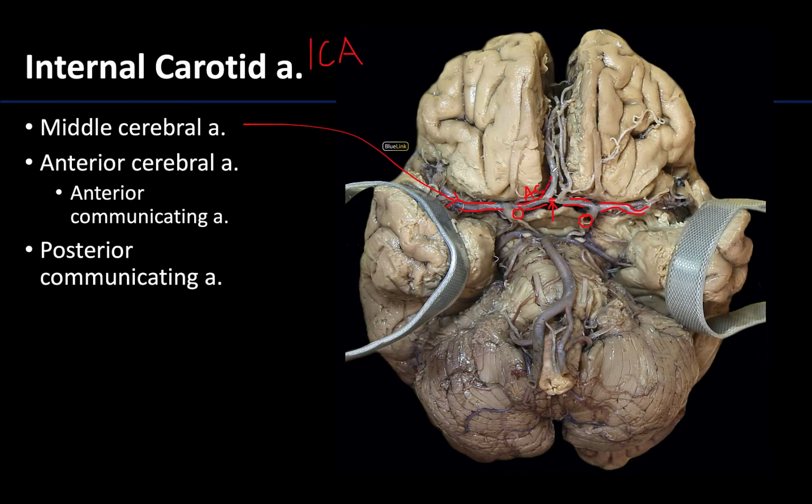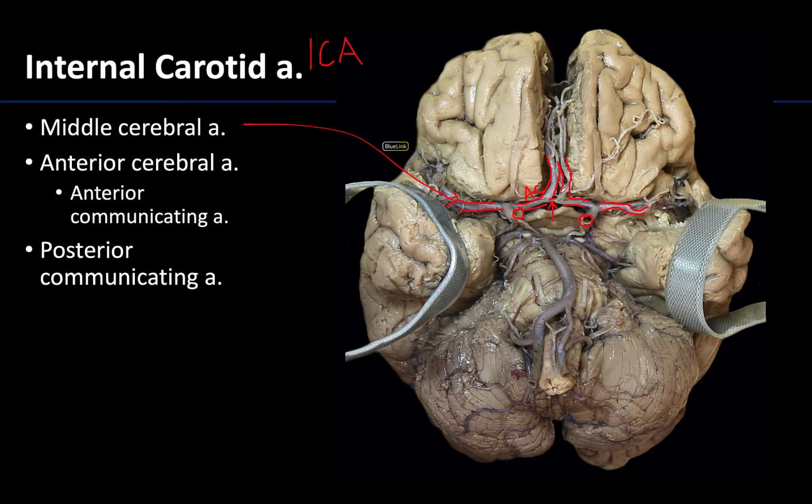And then the anterior cerebral arteries will continue more anteriorly, and actually run through the longitudinal cerebral fissure region. You can see that it has this really close relationship to the optic chiasm region. So it's running anterior to the optic chiasm.